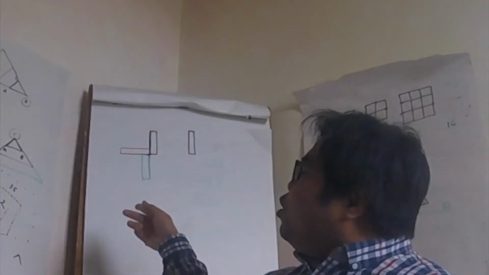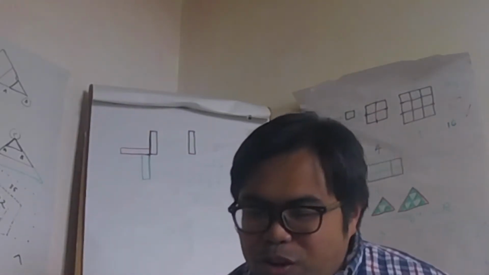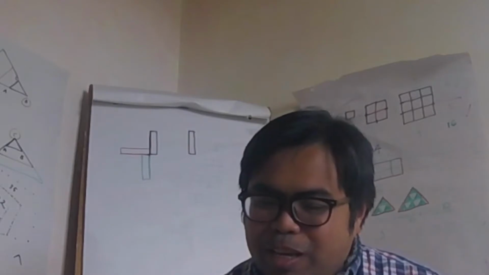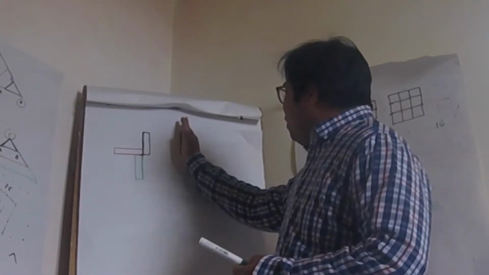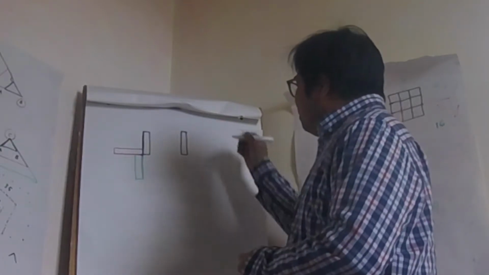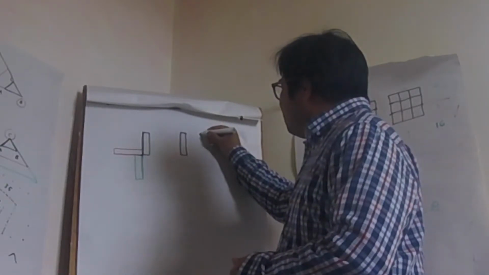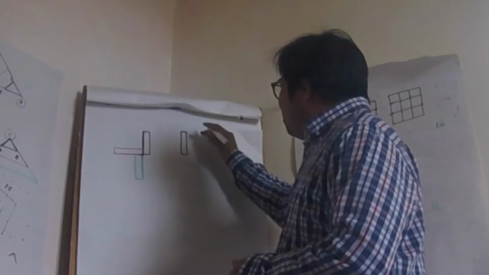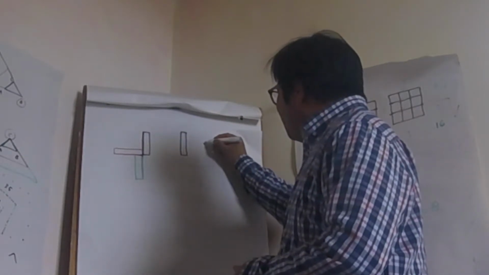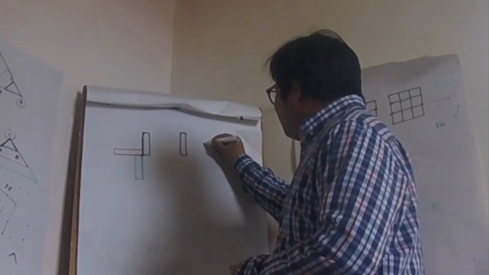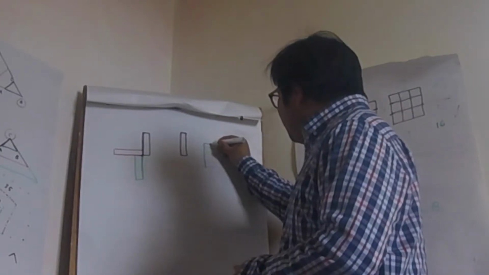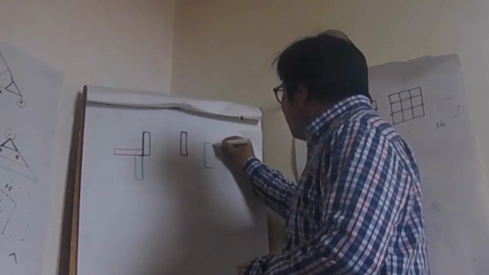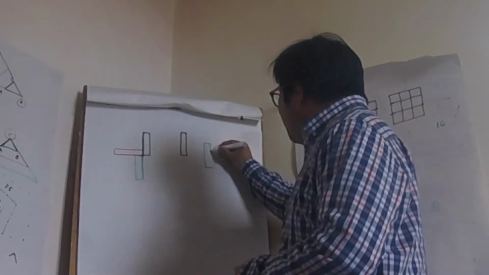If this one is rotation or turning, what do you call the next one? I moved this from here to here, right? So in all of this, we don't change the size.